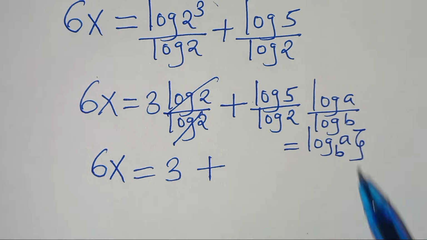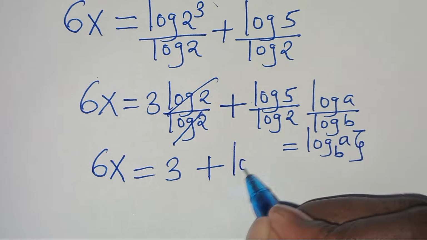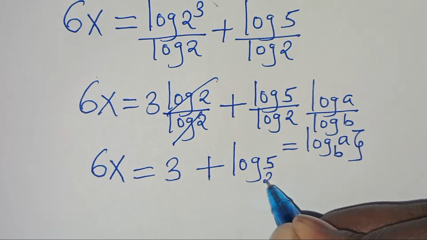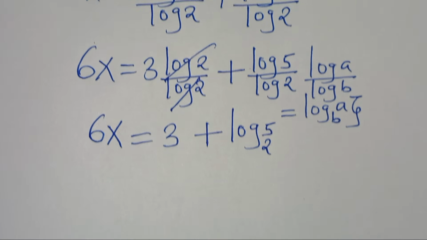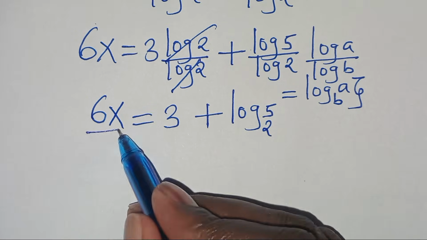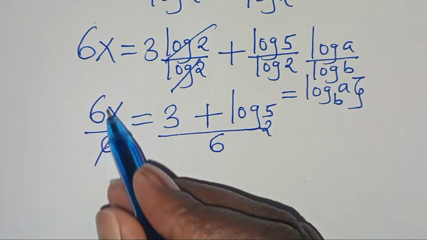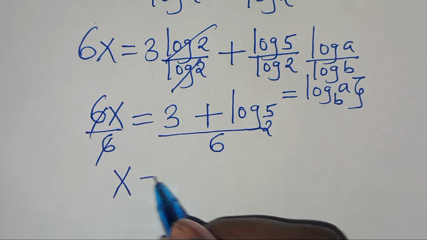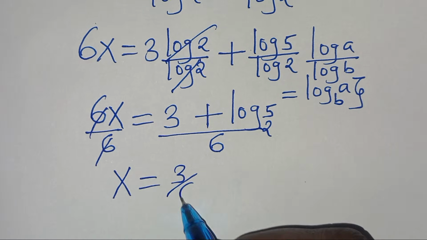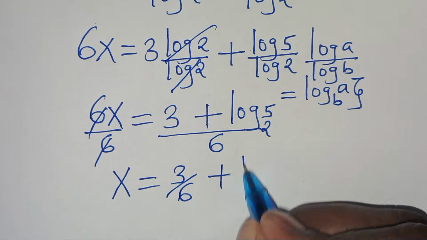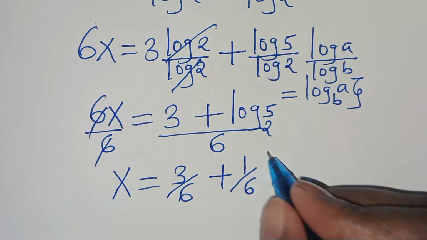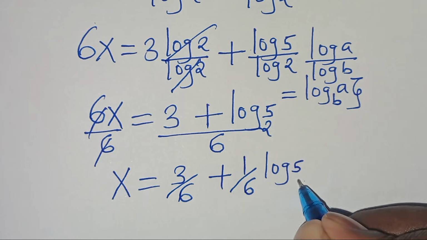Applying this property, then we have 3 plus log 5 to base 2. Now let's divide everything here by 6, so that now we have x is equal to 3 over 6 plus 1 over 6 log 5 to base 2.